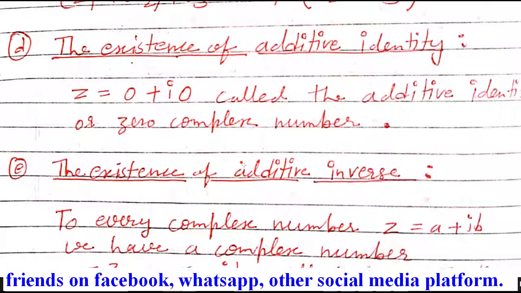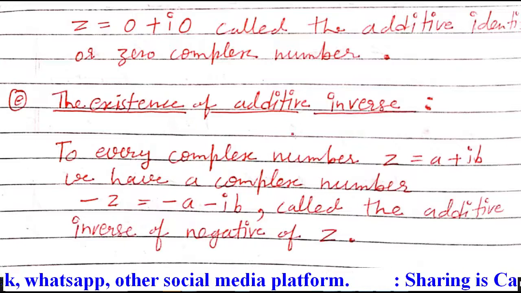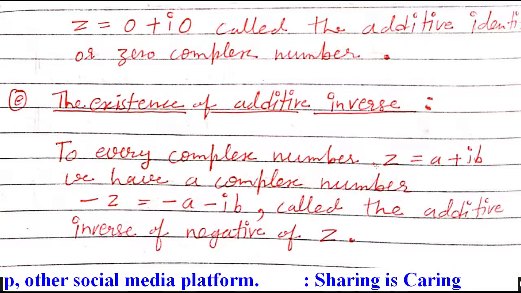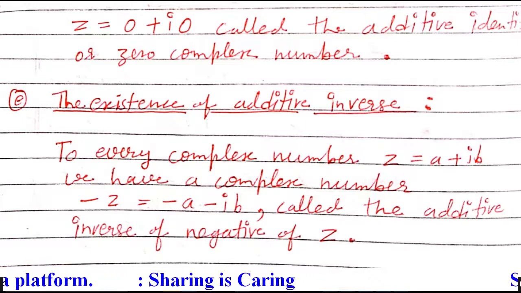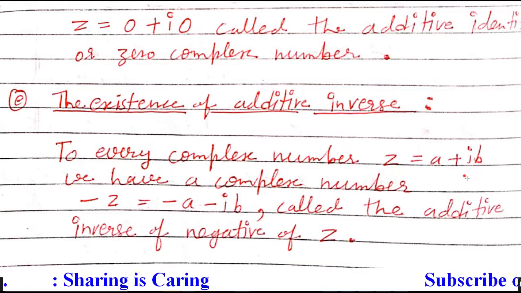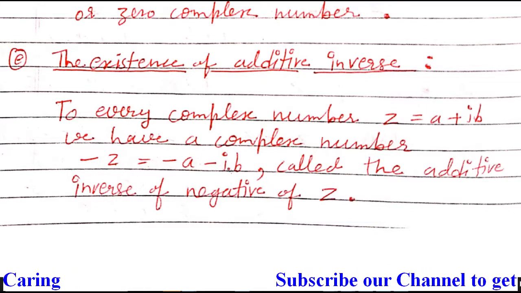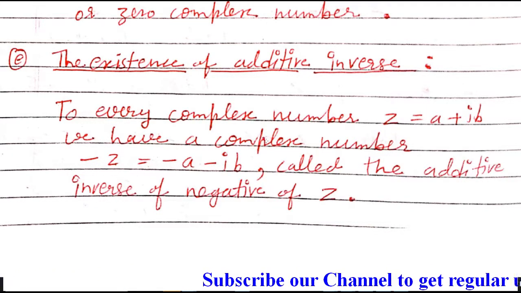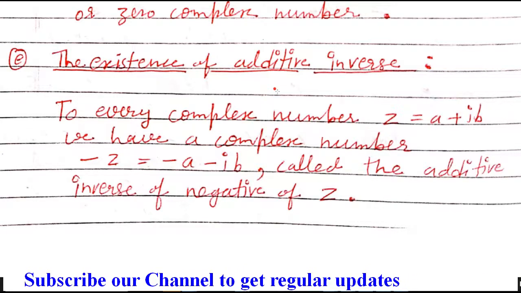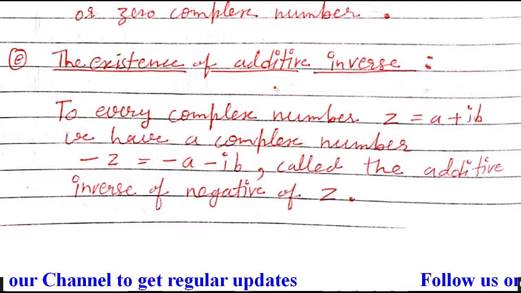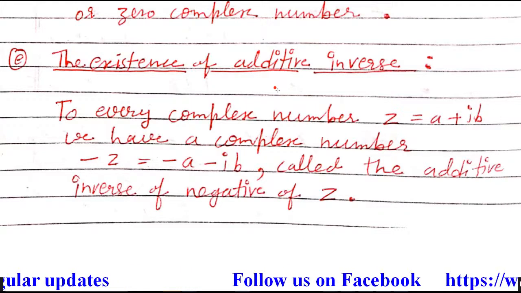Now, existence of additive inverse. If we have a complex number z equal to a plus iota b, then its additive inverse is, simply put the minus sign, minus z equal to minus a minus iota b. It is the same as with real numbers. If you have 2, the additive inverse of 2 is minus 2, and if you have minus 3, the additive inverse is plus 3. We are only changing the sign.